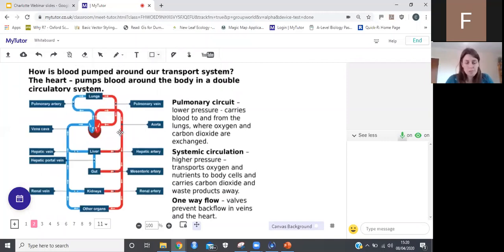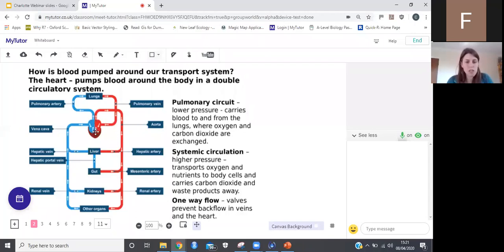Okay, so why does our blood move around that system? That's all to do with the heart. The heart pumps the blood around the body in a double circulatory system. The diagram that you can see here is a very simplistic diagram about how our blood moves, but it shows quite nicely that there are two systems.